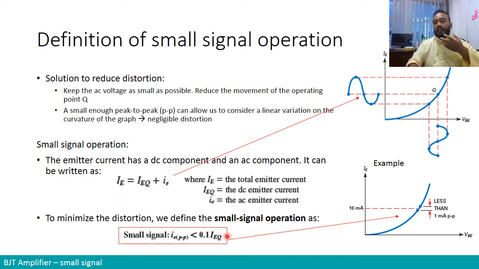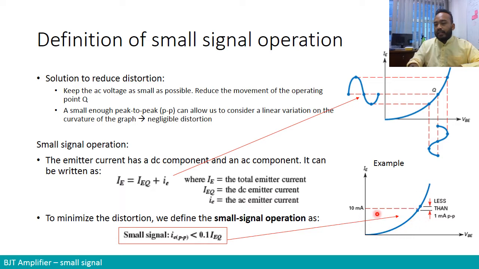So in order to have a BJT amplifier that does not have too much distortion, we need to obey this small signal condition. The peak-to-peak current needs to be 10 times smaller than the DC component. So what does it mean?